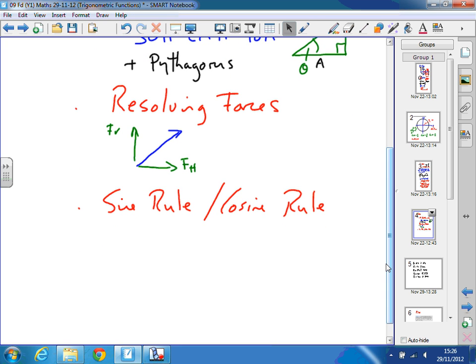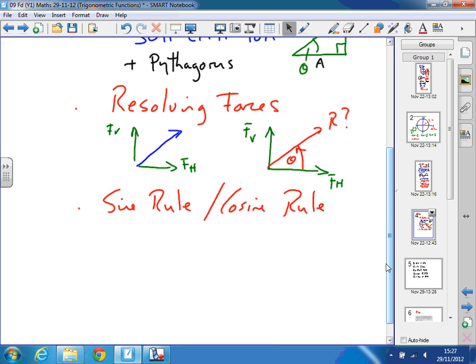Also, if I've got a vertical and a horizontal force, then what is the resultant? What is the angle theta? And what's the size of the resultant? So going either way, you've either got two forces acting at right angles, what's the resultant? Or you've got a force, what are the vertical and horizontal components?